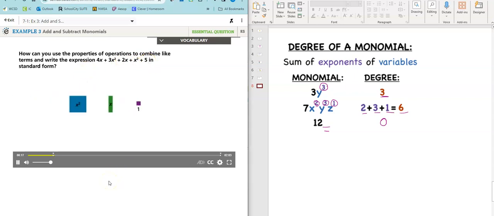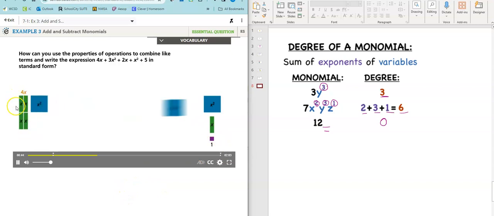So we're going to take the like terms, just like you used to do previously, and find the ones that are the same and put them together. So here they're showing this is an algebra tile representing x squared, so like 3x squared, this would be 1x squared. We have x's and single units.